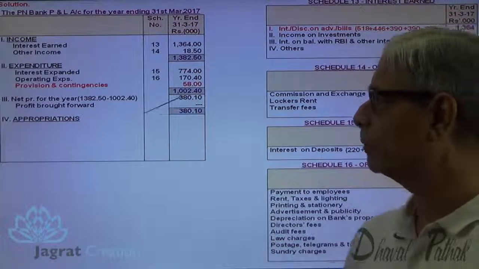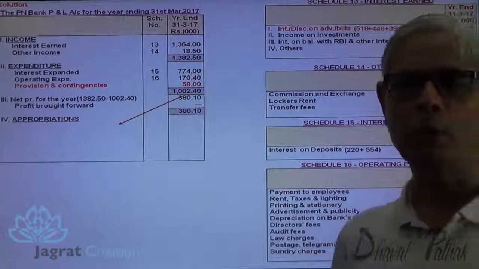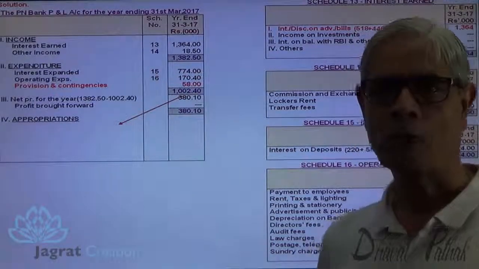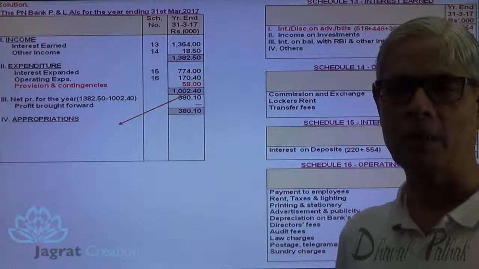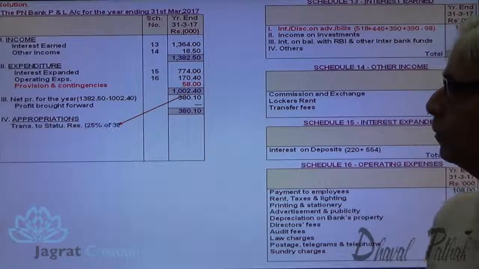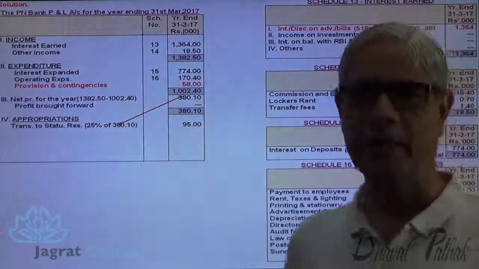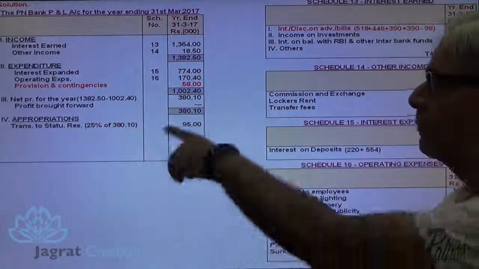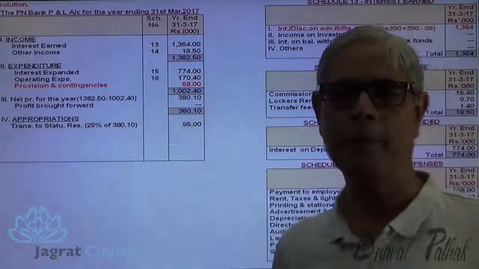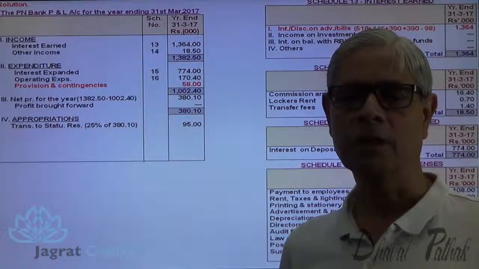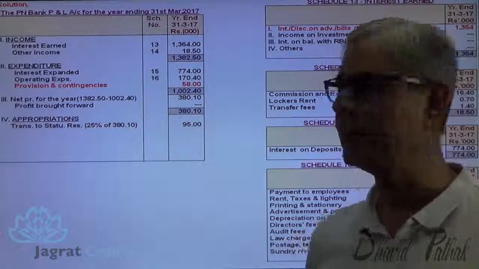This is the total. Now you are required to make a provision of 25% of the current year's profit as statutory reserve. So 25% of 380.1, approximately 95. This is the provision for statutory reserve required to be made as per the requirement of the Reserve Bank of India.